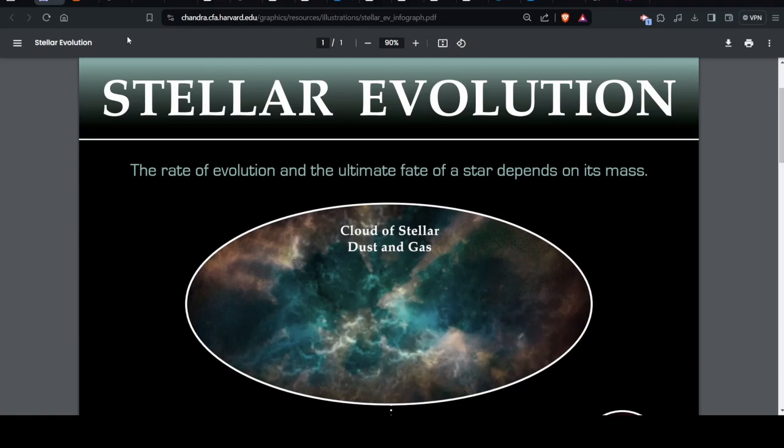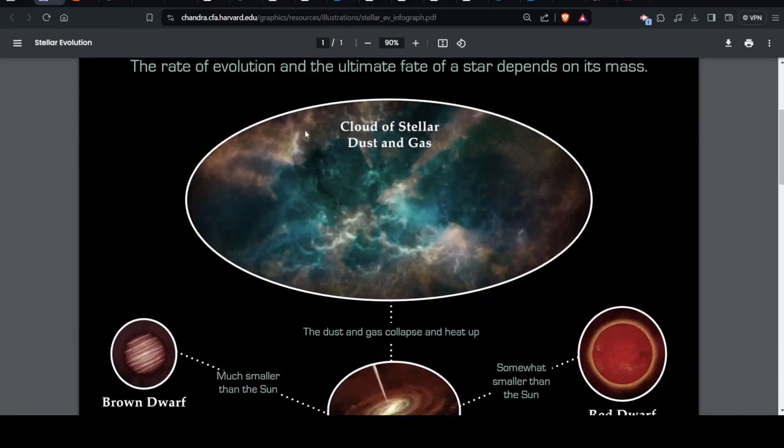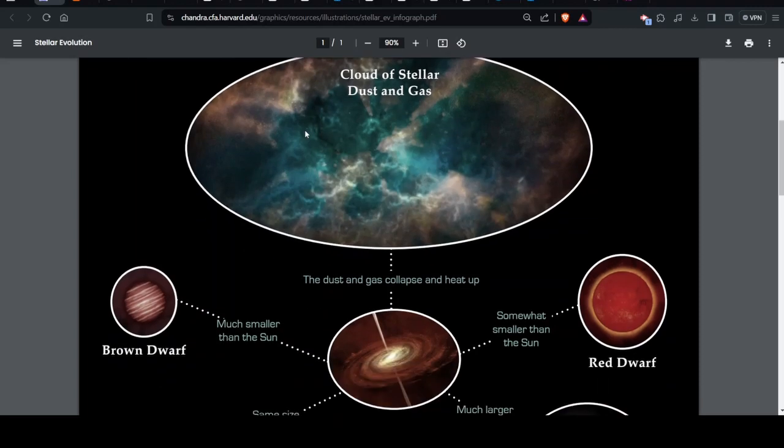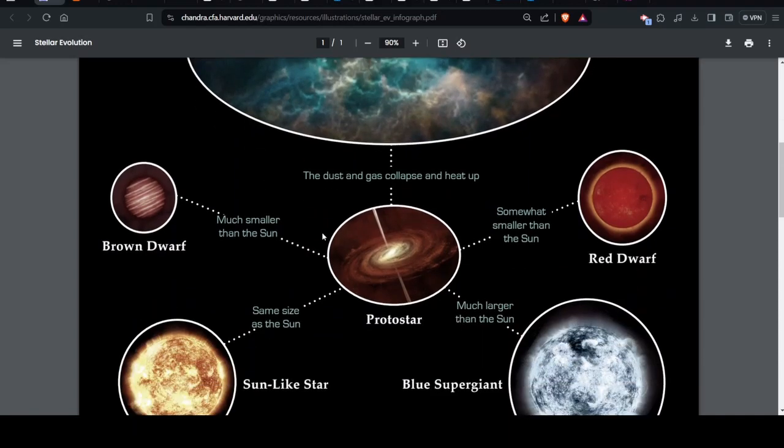And it all just kind of floats around. Eventually, if enough of it accumulates together, the gravitational force pulls together little clumps and pockets of this dust and gas. And as they condense, they start to heat up. So you get the gravitational pressure pulling everything together, heating everything up, and you end up with what is called a protostar. So it's in the middle here.